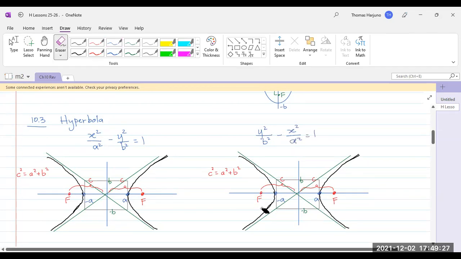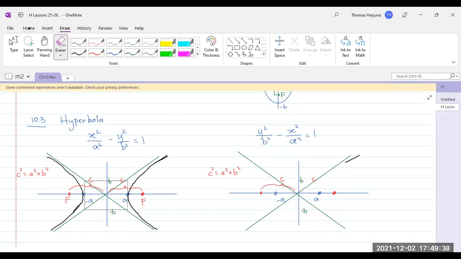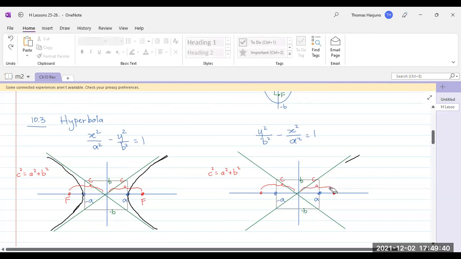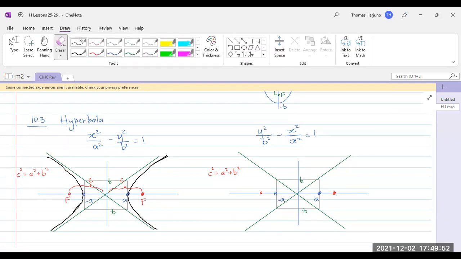Then the hyperbola has the same frame, but the hyperbola is on a vertical axis. So the hyperbola will approximately look like this instead.